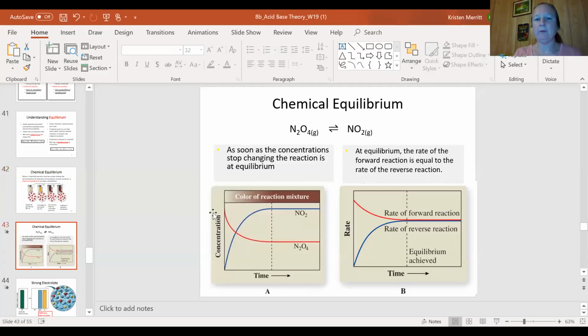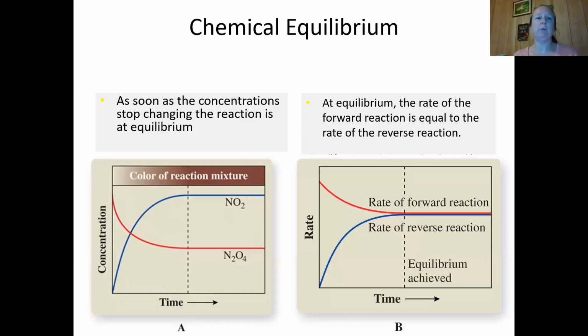So this graph is very important, showing the two aspects of equilibrium. And this is what we just looked at. At the beginning, let's look at the rate. The rate of the forward reaction starts very high, starts to get slower because now you have a competing rate of it going backwards. And that increases quickly, right? The more product you make, the more you can have that reverse reaction.